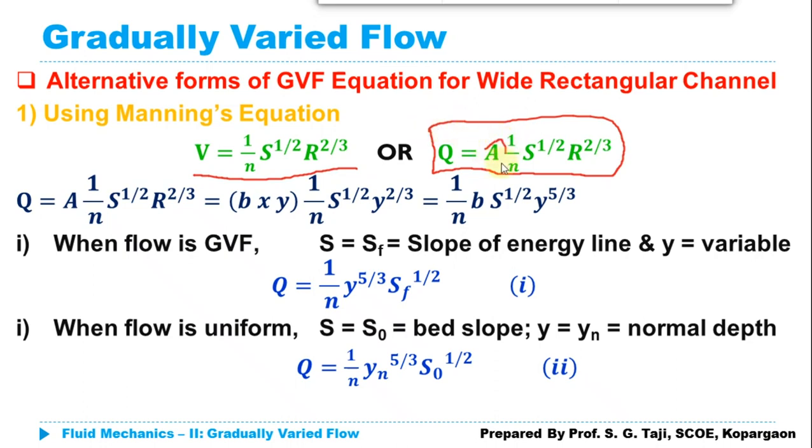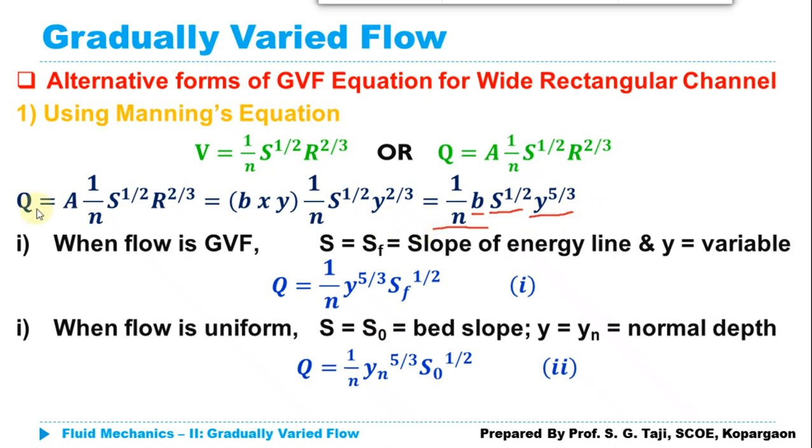Now we know that A can be replaced by B multiplied by Y, S will remain the same, and R will be replaced with Y, as we discussed for the wide rectangular channel, where hydraulic radius is equal to Y. By putting all those values and multiplying Y with Y^(2/3), what equation do we get for Q here? Q is equal to 1/n multiplied by B multiplied by S^(1/2) multiplied by Y^(5/3).